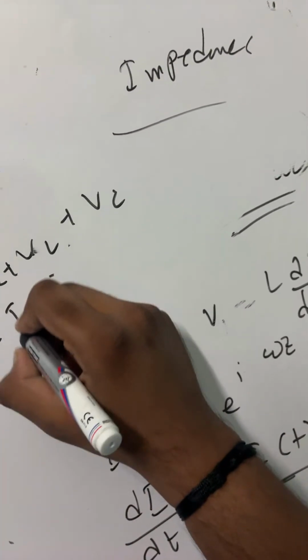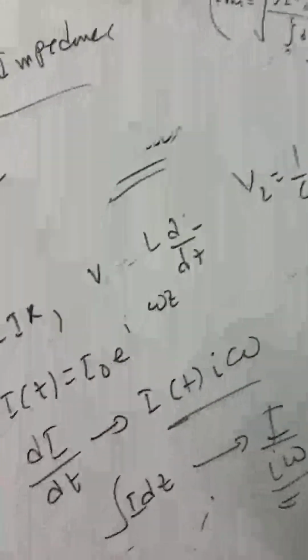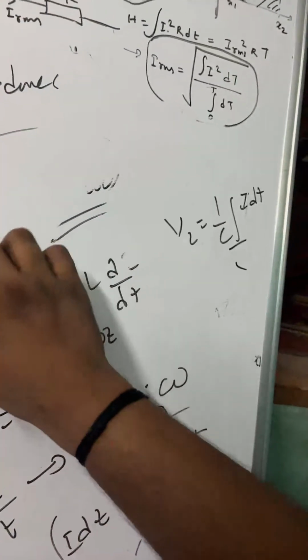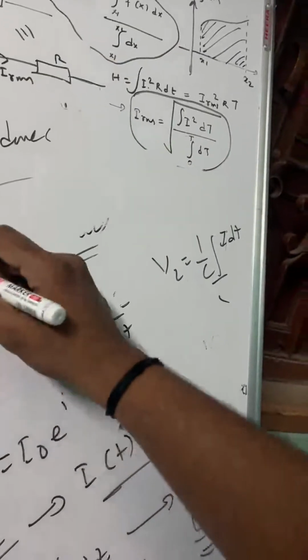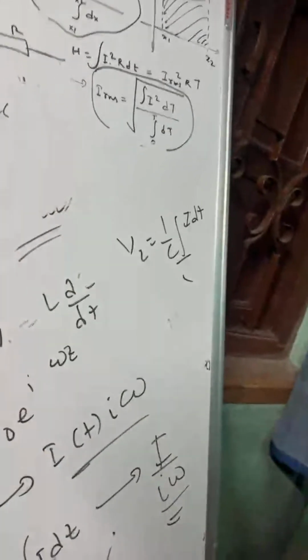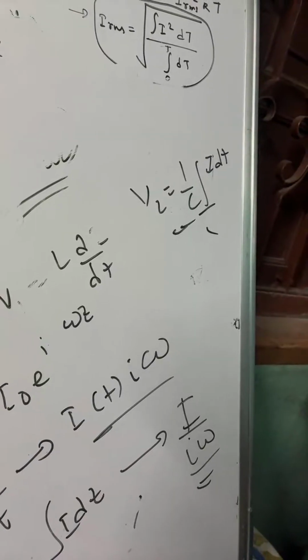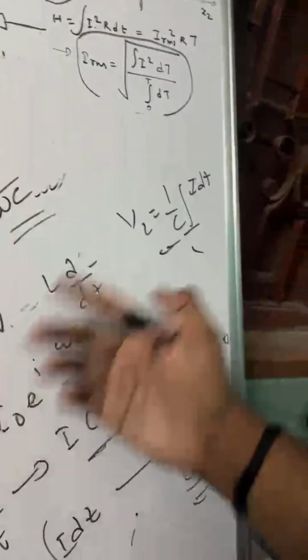It's IR plus L di/dt. di/dt is iωI, so iωL, plus what we know, 1/C times the integration ∫I dt, so I/(iωC).